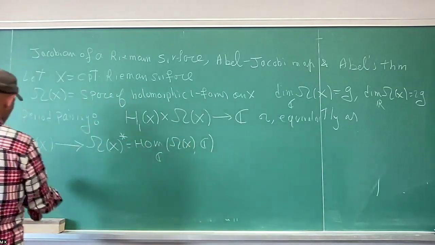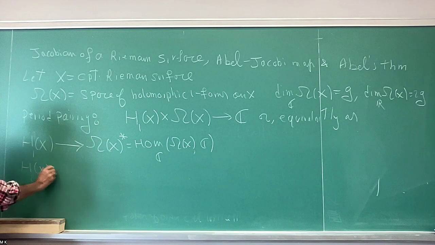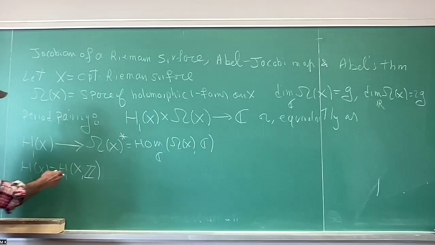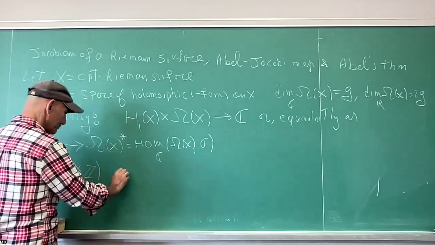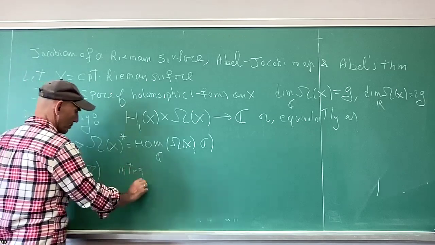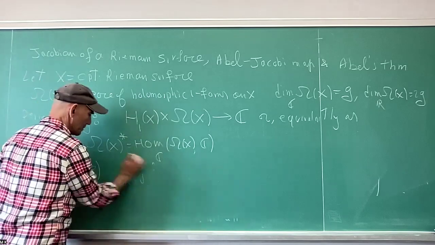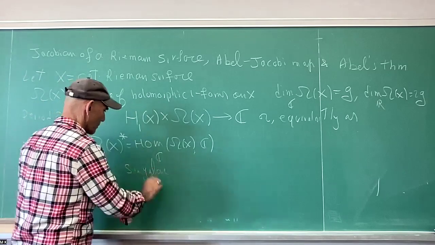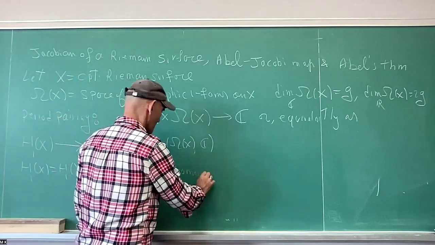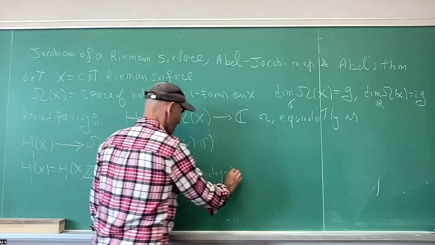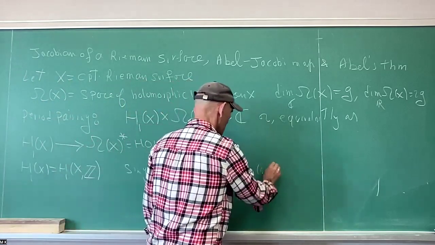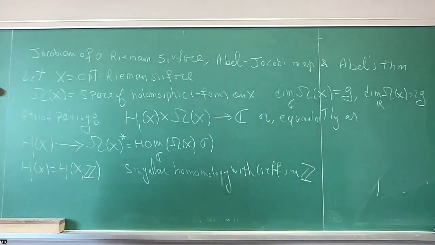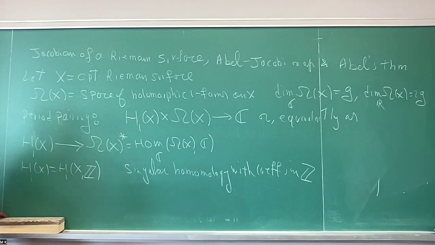Now, what is H1 of X? I should really write H1 of X and Z. So this is the integral singular homology, singular homology with coefficients in Z. If you haven't seen this before, that's okay.